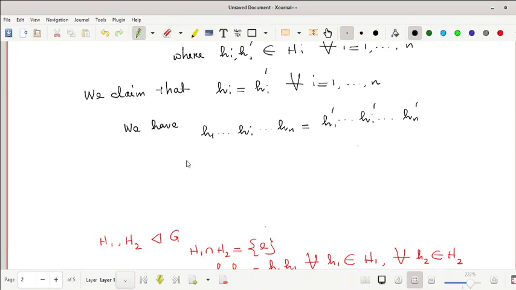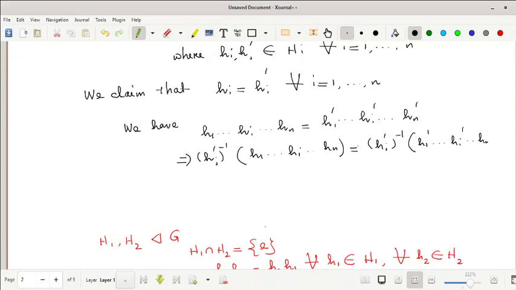So this implies you fix your i and then you see, let us multiply both sides either from the left or right by hi prime inverse, say on the right, h1 h2 hi dot dot hn, and this is equal to hi prime inverse into, give bracket, h1 prime dot dot hi prime dot dot hn prime.